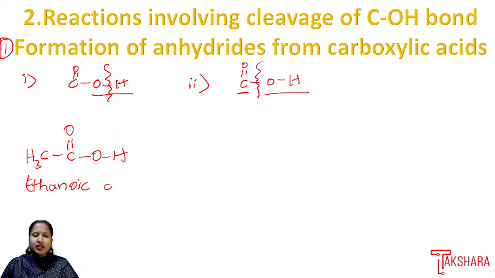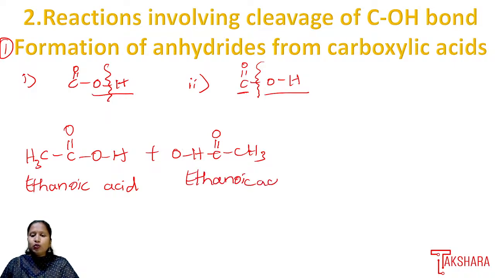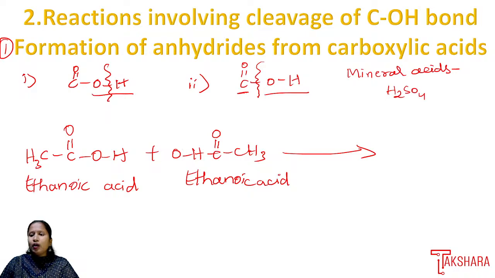When 2 moles of ethanoic acid undergo the reaction in the presence of mineral acids, such as sulfuric acid or P2O5, phosphorus pentoxide, we will get the product acetic anhydride.